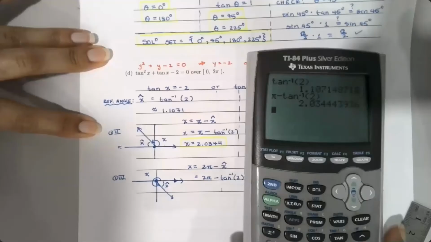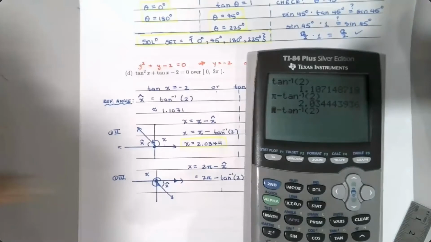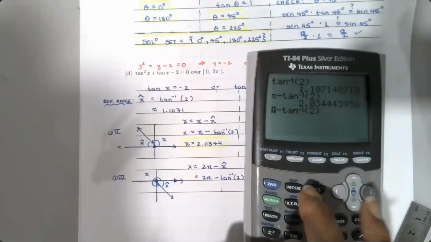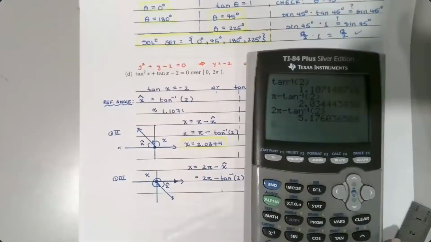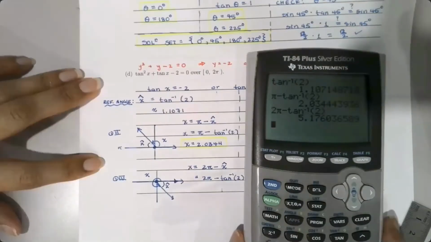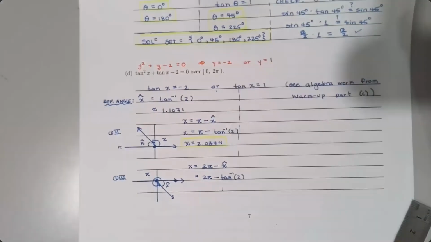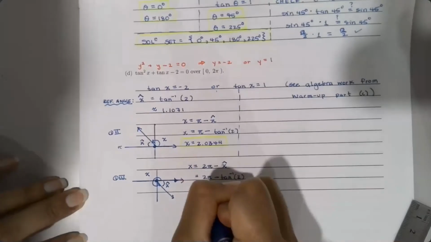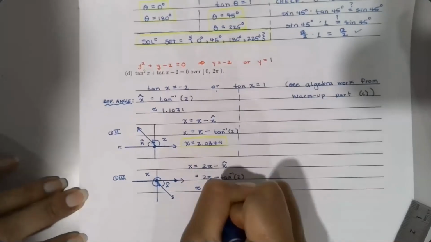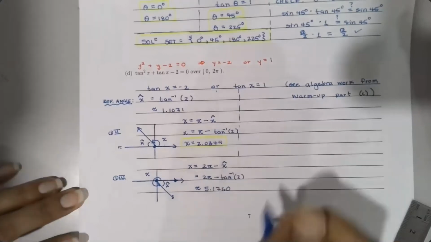So I'm just going to insert a 2 in front of the pi to get 2 pi minus tan inverse of 2. And that gives us approximately 5.1760 for x.